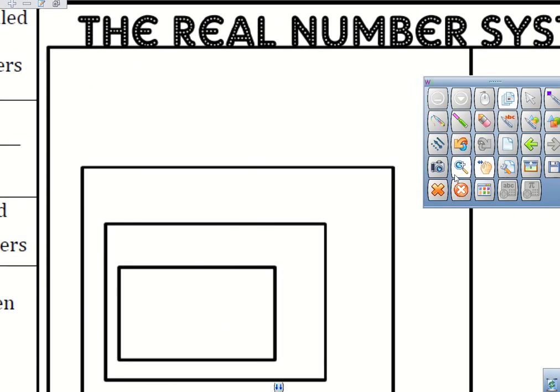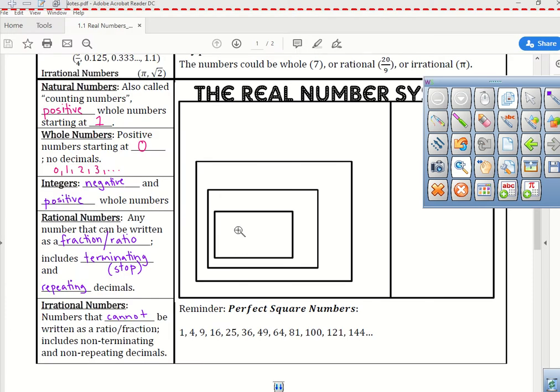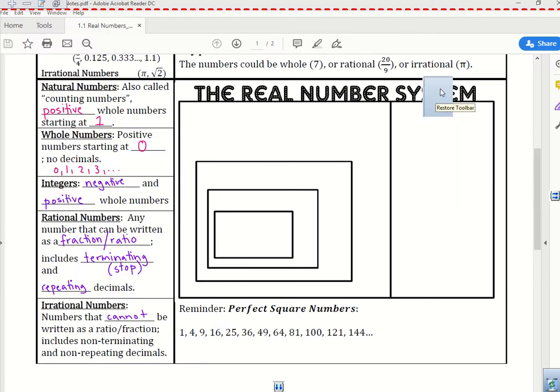So we're going to start inside the diagram here. Start in this small box. Let's actually fill in the words first. These are our natural numbers.